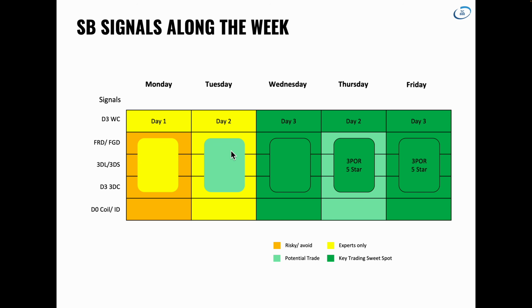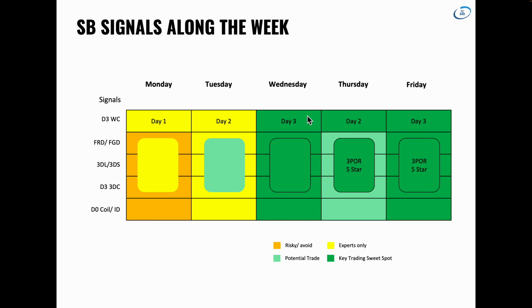Tuesday, a bit of the same logic, still expanding the range, but a bit more information. You have the opening range, so you have some information to relate to. And then if you have, again, these signals aligning, you might already take a potential trade, as I say.